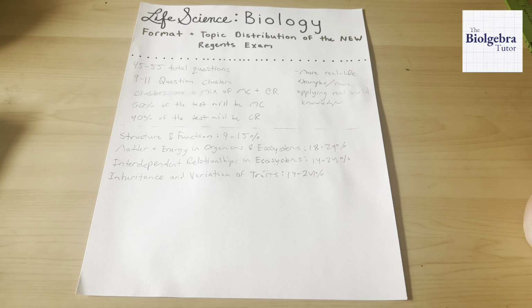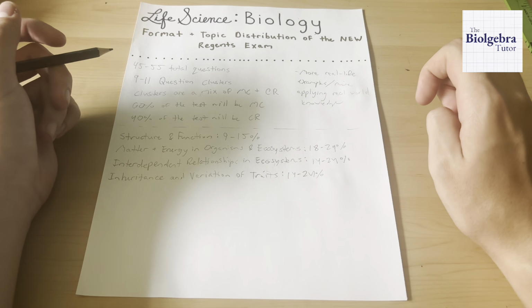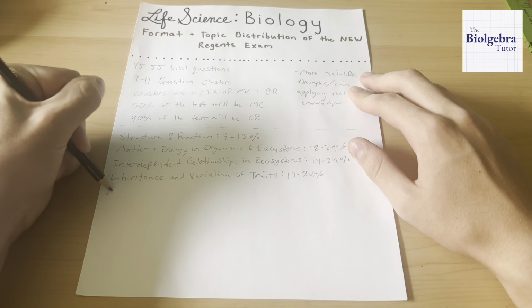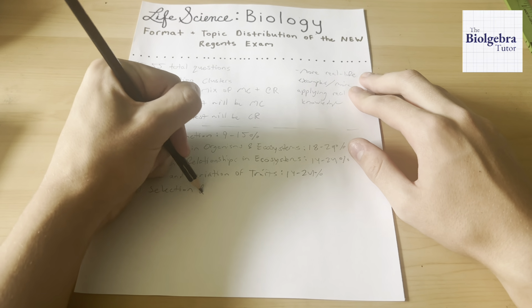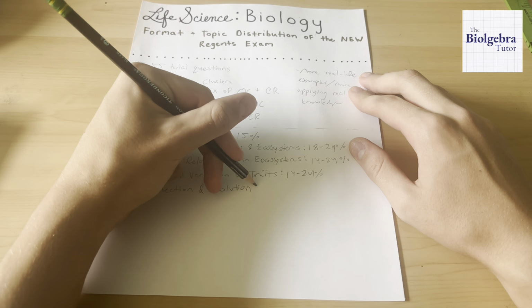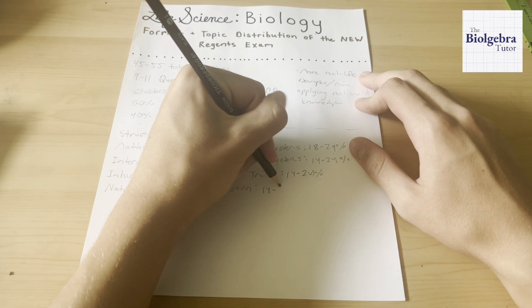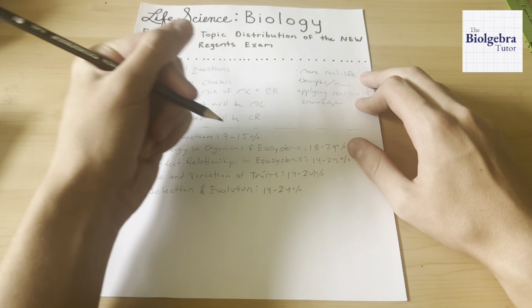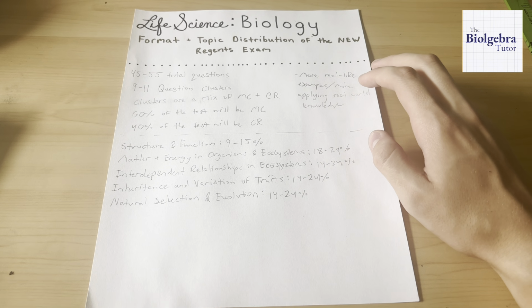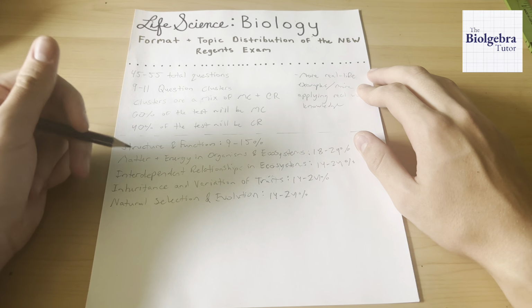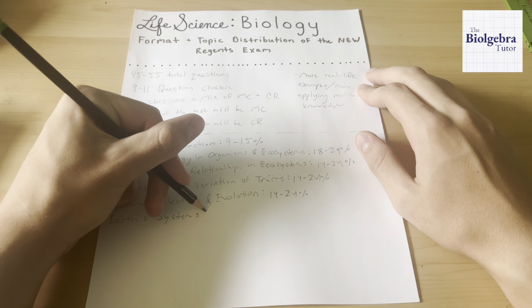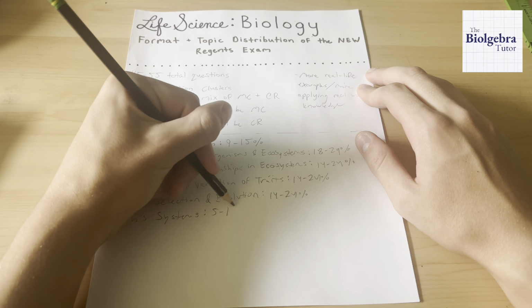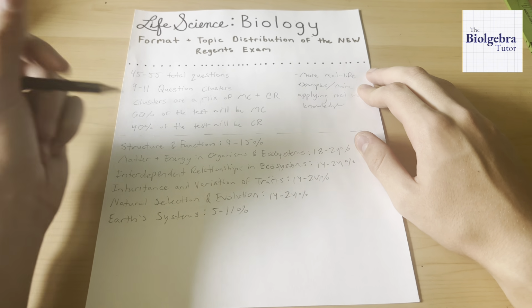The fifth topic will be natural selection and evolution. This will again be 14 to 24% of your total Regents exam. The sixth topic you will see is Earth's systems. This will be 5 to 11% of your total Regents exam.